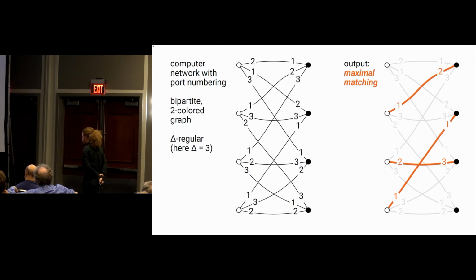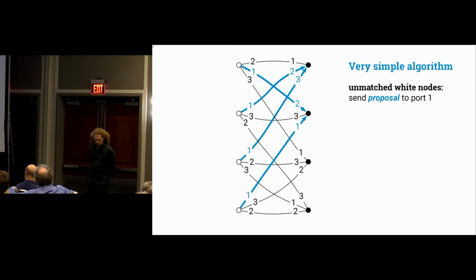Now, how fast can we find maximal matching in this setting? There's a very simple proposal scheme to get such a bound, such an algorithm. This goes as follows. In the first round, each white node proposes via port 1. That means it sends a proposal to the neighbor at the other end saying, well, I would like to match to you via this edge.